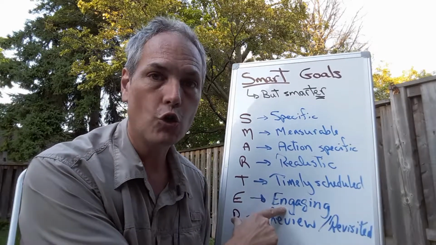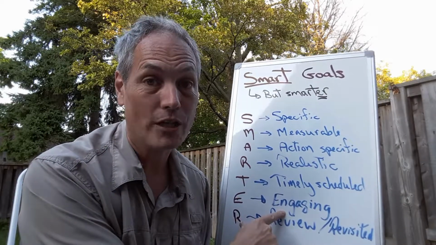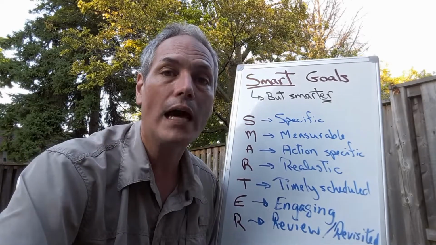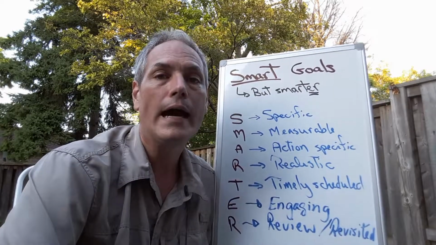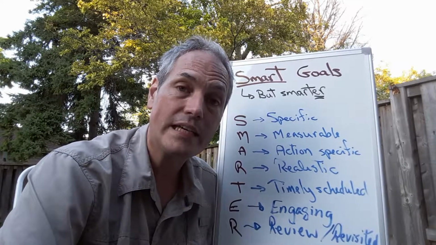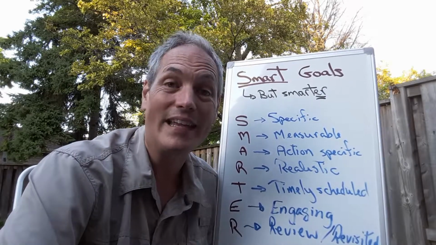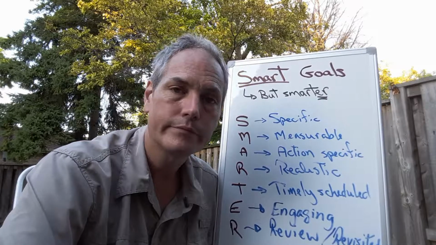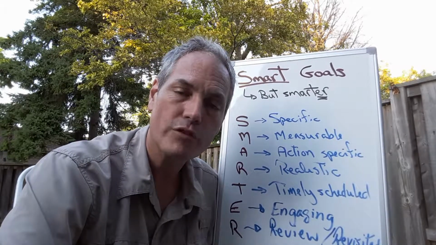E: your goal needs to be engaging. If you say, well, I want to do my spring cleaning in the house by the end of June, how much fun is that? Not really.